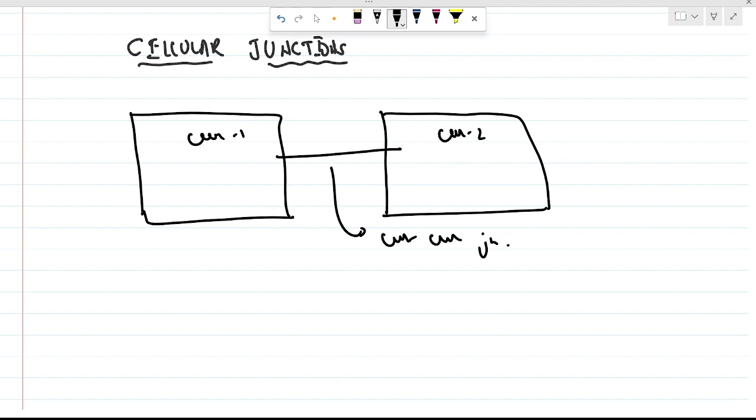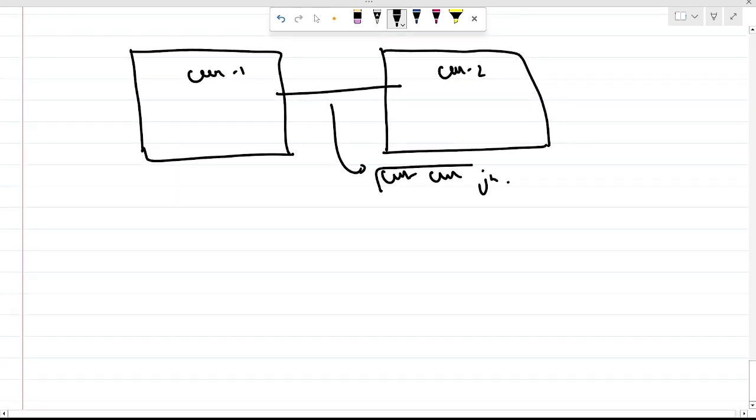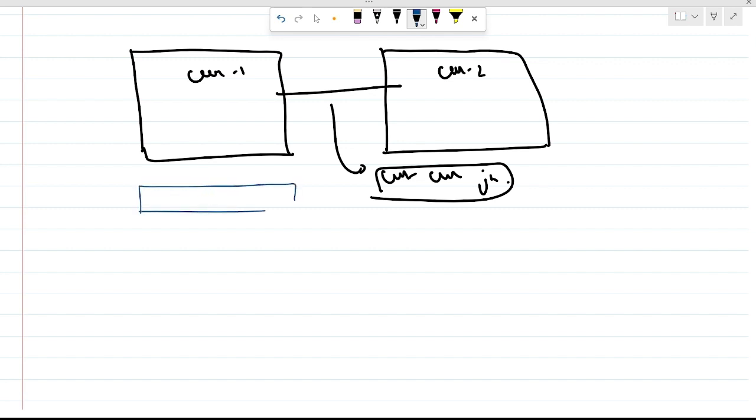Second, there is a basal lamina, above which the cell rests, and there is a junction between the cell and the basal lamina.